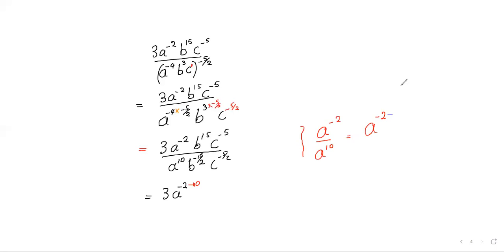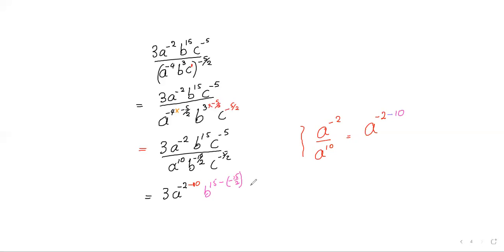So for b, it's going to be b^15 minus negative 15 over 2.